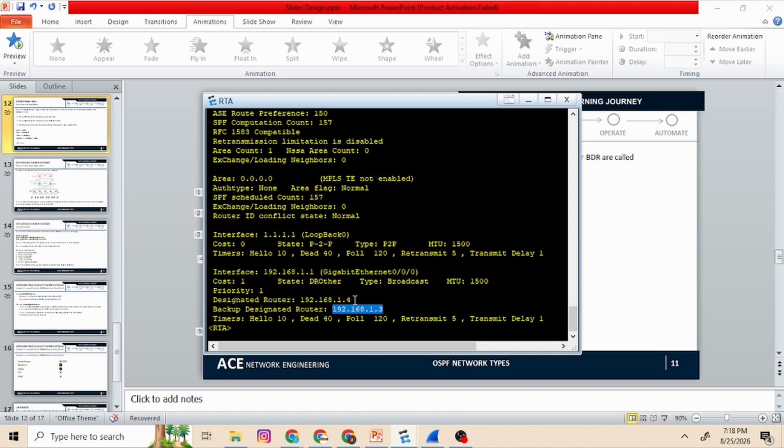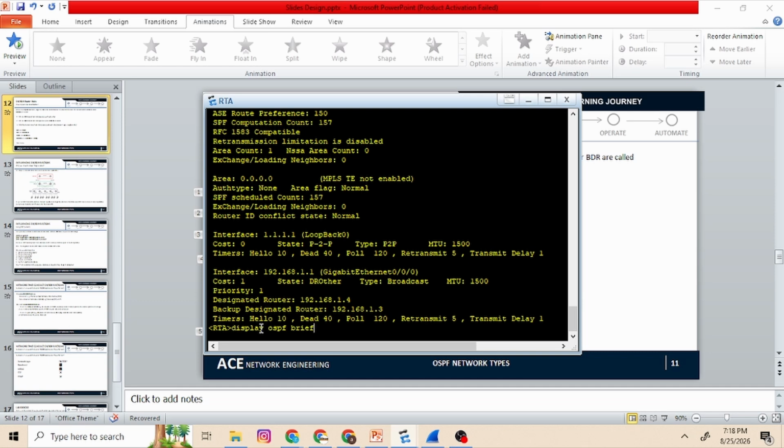So this one is a BDR, and this is the DR. You can see here they use the highest IP to determine who is the DR. And then we are told this router is in DR other state. So these are DR other routers.